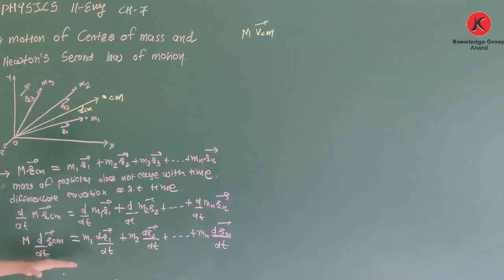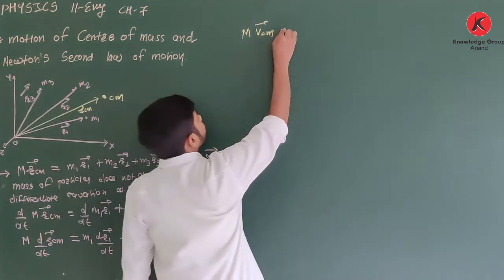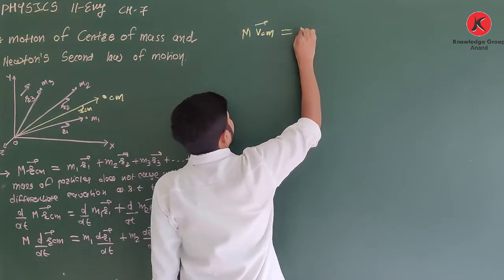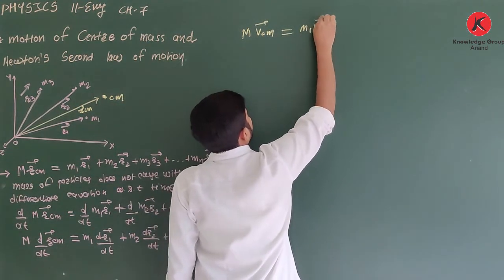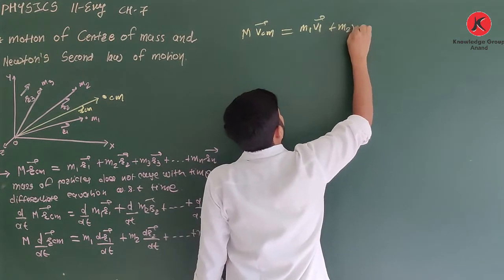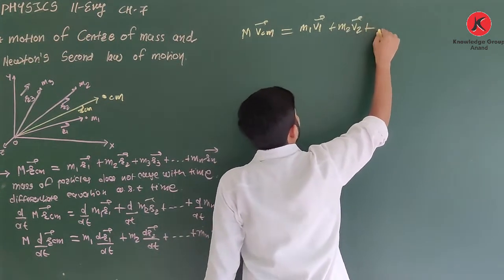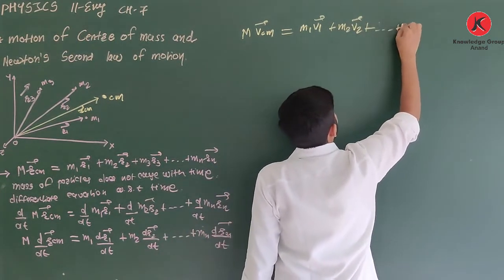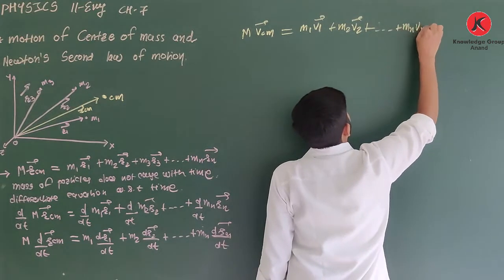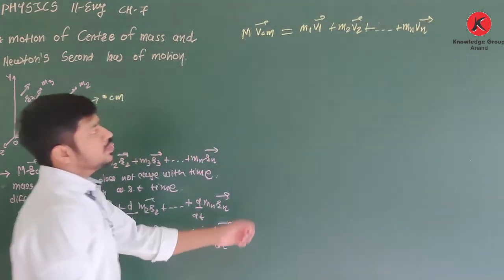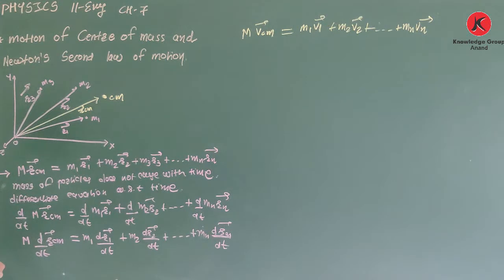So now how to write this? M v center of mass is equal to m1 v1 plus m2 v2 plus so on, mn vn. Clear? So see, the earlier one is the equation to find the position of center of mass.